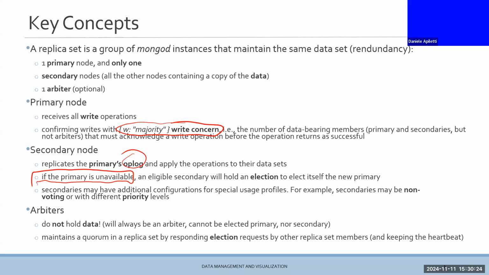It's easy, but just to give you the sense of it. The election of the new primary must select, from the secondary nodes, a node which is suitable. Finally, arbiters do not hold data. They're empty, just processes for voting towards the right primary.